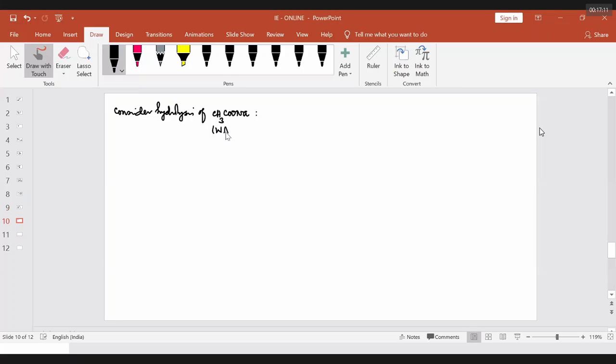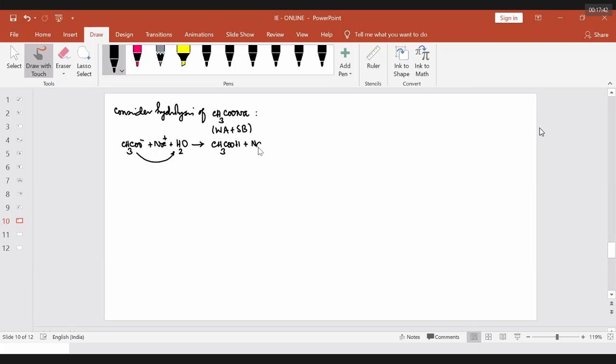What have you said? Weak acid and strong base. Come on. CH3COO minus Na plus combines with water so as to give you CH3COOH. This is hydrolysis. It is a selective ion of the salt combining with ions of water.